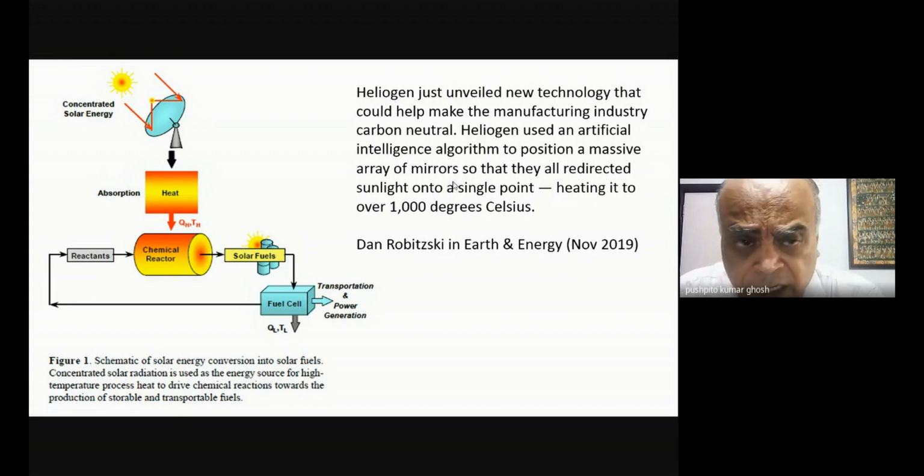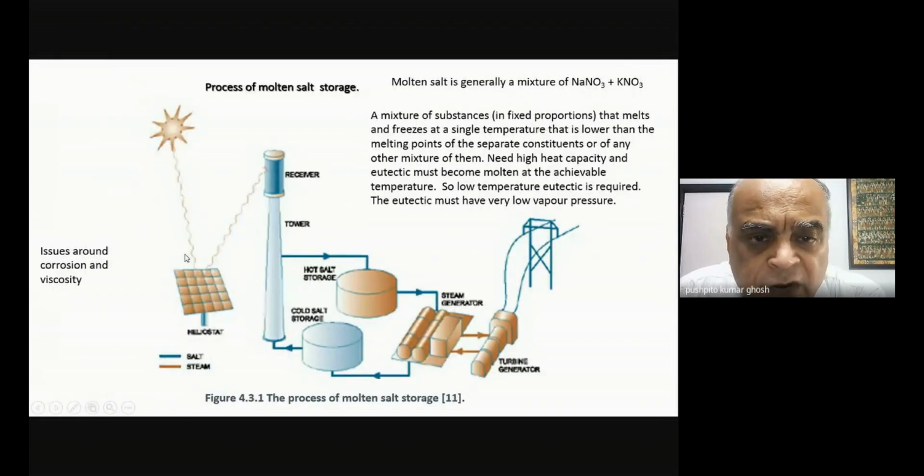This particular thing is the same kind of thing I showed you, there is a concentration. Only thing is that what I've shown you is just storage of thermal energy without any chemical reactions. I'm just storing thermal energy, then releasing it and running a turbine, but as such I'm not doing any chemistry.